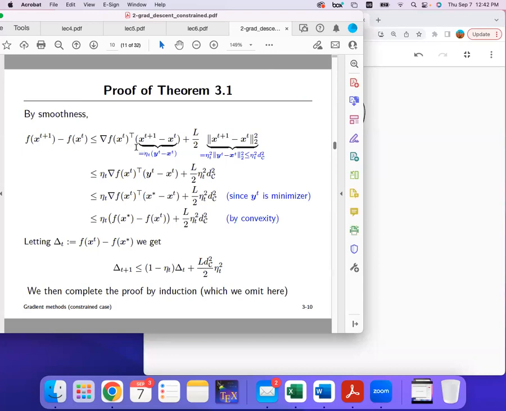So this is basically eta t times y_t minus x_t. You just plug this in. For the last term, you do the same thing. This part is just eta t squared times the squared distance. First of all, x and y are both in the constraint set, and we assume the constraint set has a bounded diameter. So this distance term will be bounded by D_C squared. Okay, so it's a constant upper bound.